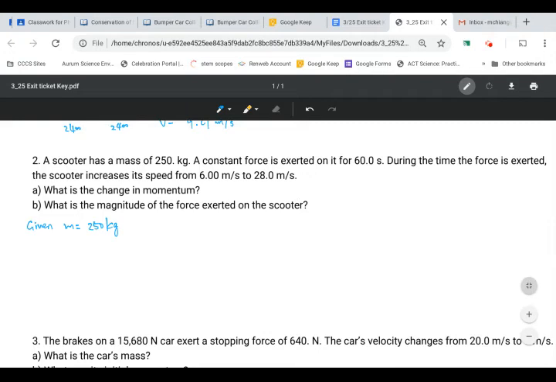And then your time is 60.0 seconds. The scooter increases speed from v initial of 6 meters per second to v final of 28 meters per second.